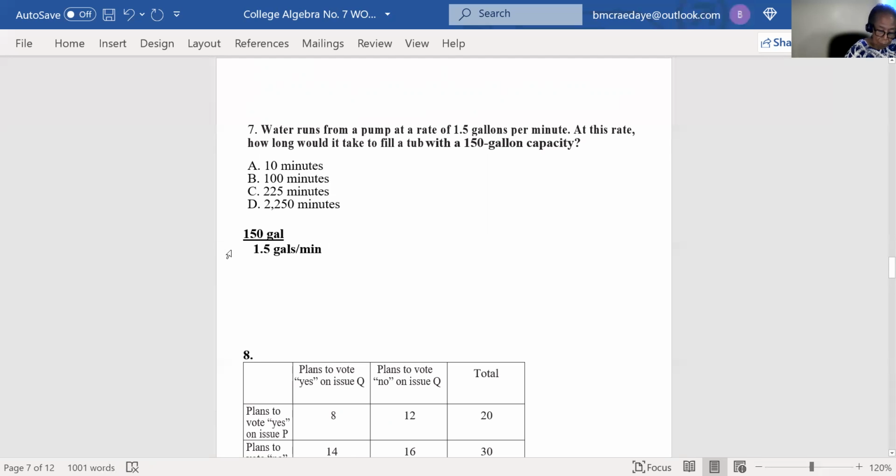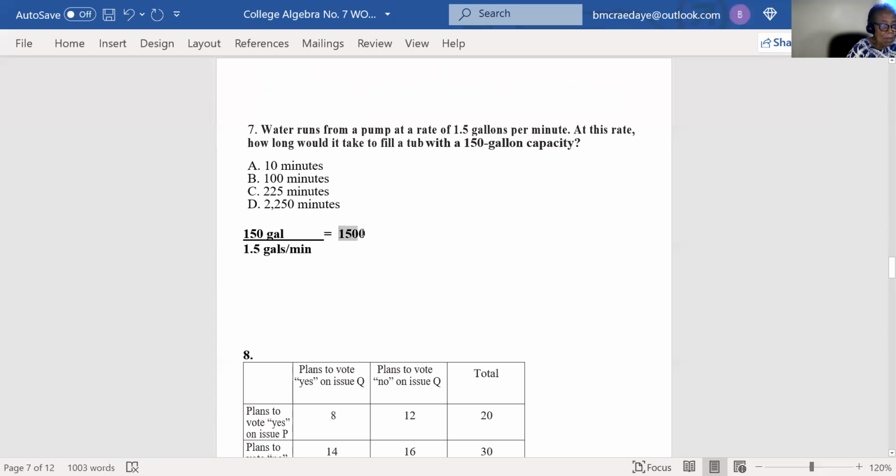And gallons divided by gallons per minute would give you minutes, right? So let's just take this and say equal. Now, 150 over 1.5 is really, if I shift the decimal point one place in the numerator and the denominator, make it simpler, 1,500 over 15. That makes it easier.